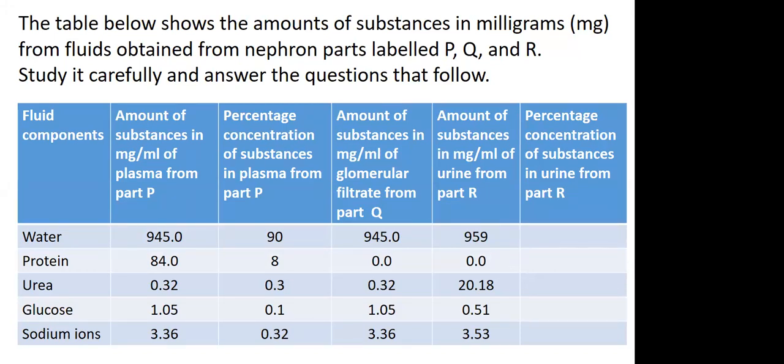And this urine was picked from part labeled R. Then we have been provided with space to calculate the percentage concentration of substances in the urine in part labeled R. We shall see how we do that. So I hope we are all familiar with this kind of question.